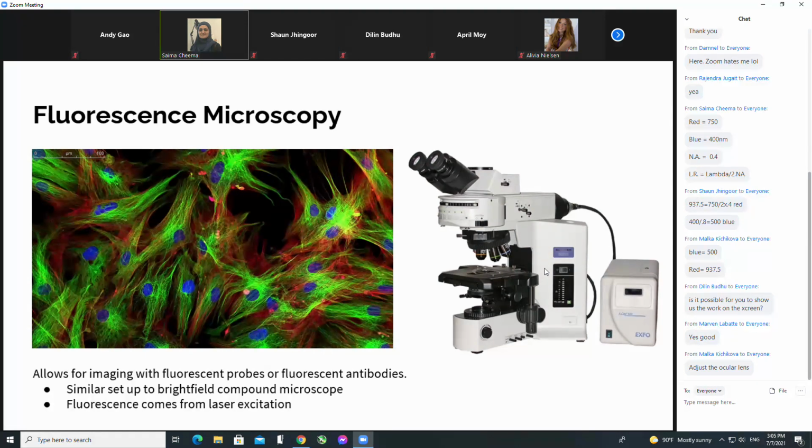So these are fibroblasts that have been stained for DNA with the blue fluorescent stain, and the microtubules with green and actin with red.